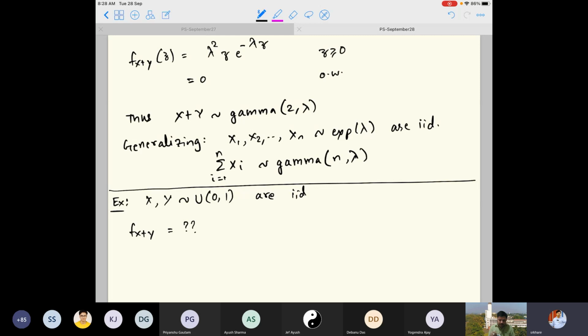First tell me what will be the range of X plus Y. You observe that X and Y both are non-negative random variables. So the formula that we will look at is the integral of fX(x) fY(z minus x) dx, right?